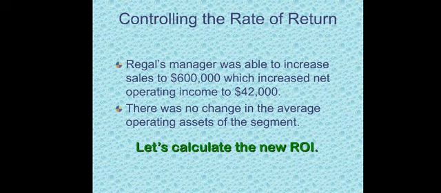So let's see another example. The Regal manager was able to increase sales to 600,000, which increased the net operating income to 42,000. There was no change in the average operating asset of the segment. Let's see what will happen to the ROI if the manager can increase the sales and operating income.